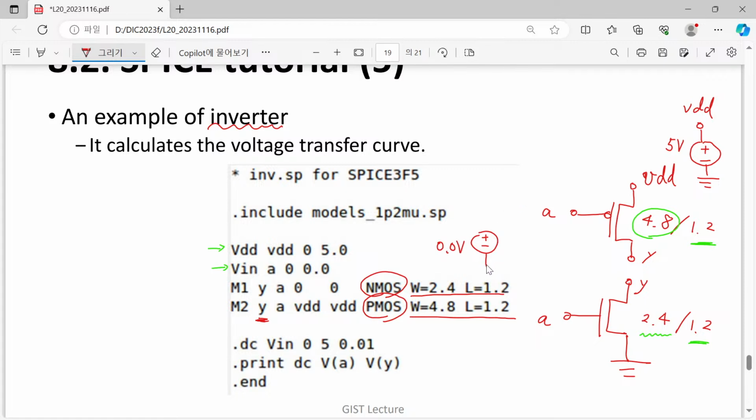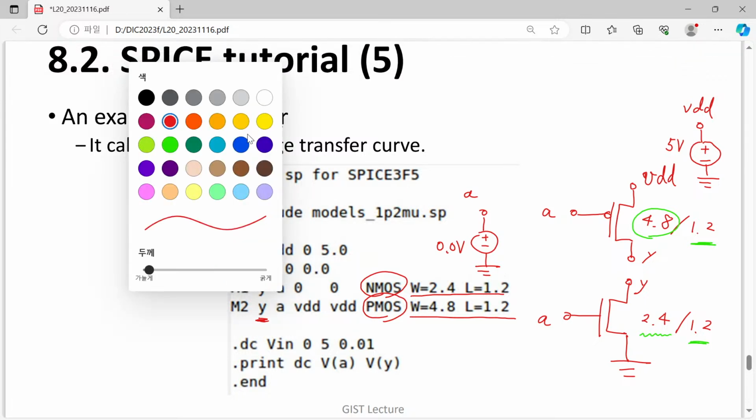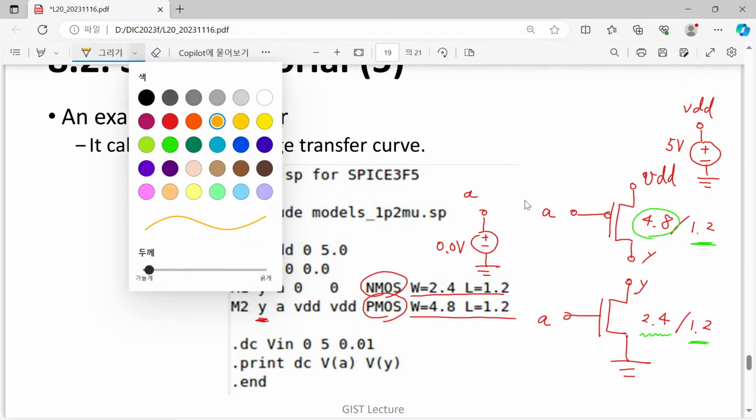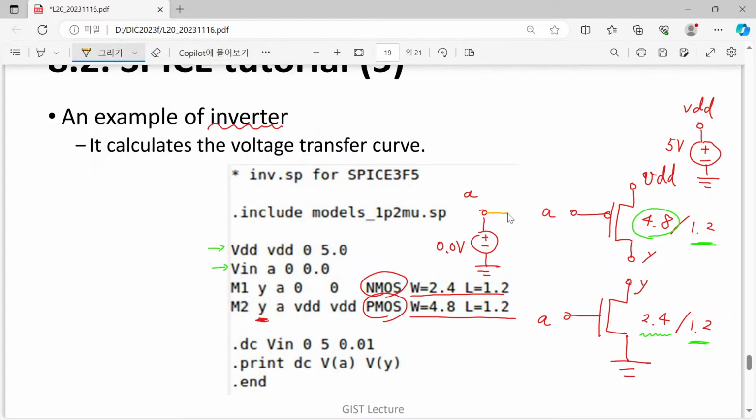Why do we have 0 volt? Well, anyway, it is connected to the A node and ground. Then finally, let's try to connect them all. When we connect the A node, you can find that VIN is connected to the N MOSFET and P MOSFET. Also, the Y node, this output node, is connected.